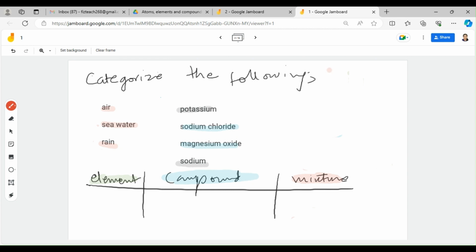Just in case you're wondering why exactly these are the element, compound, and mixture, I'm going to explain to you. If you already know the reason, then you can end the video and go to the next video. Now look over here. Potassium is just K, so it's an element. Sodium is just Na.